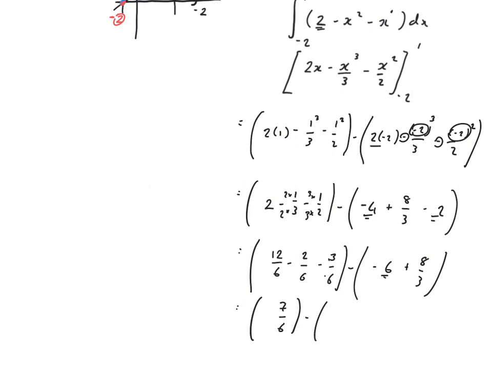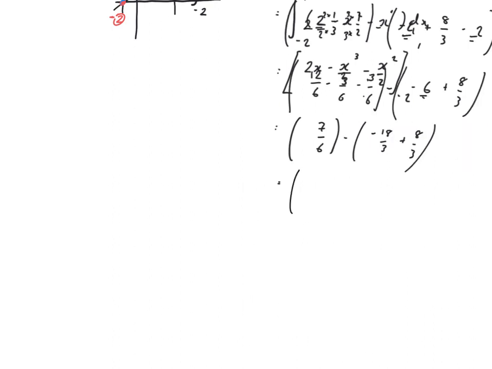Let's write this in thirds. Minus 6 will be minus 18 over 3 plus 8 over 3. Okay, so that's 7/6 minus minus 18/3 plus 8/3 is minus 10/3. So I've got 7/6 minus minus 10/3 is plus 10/3.